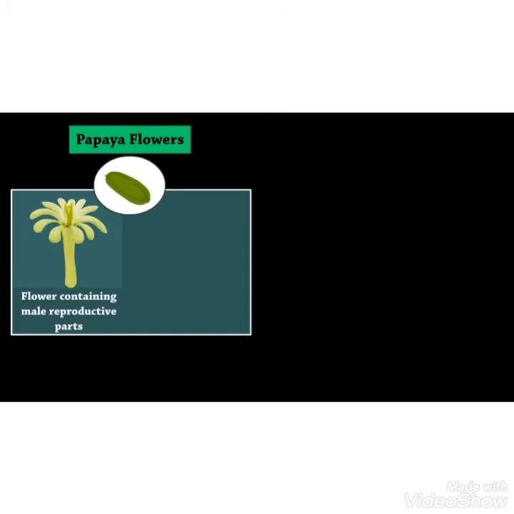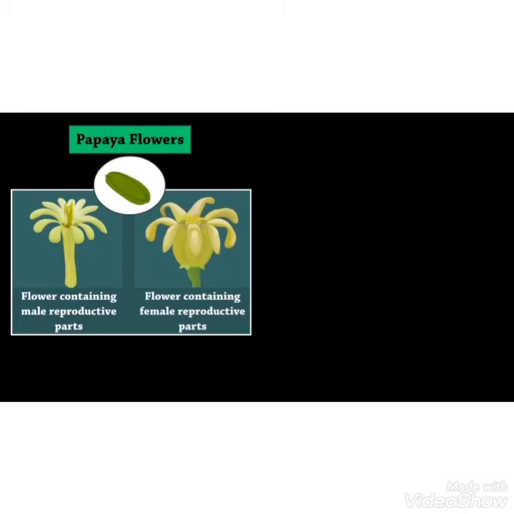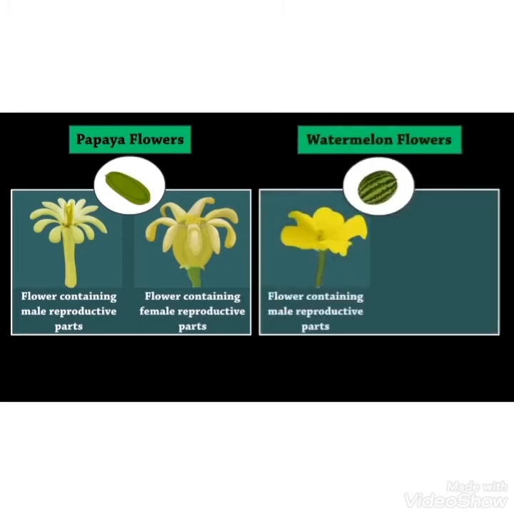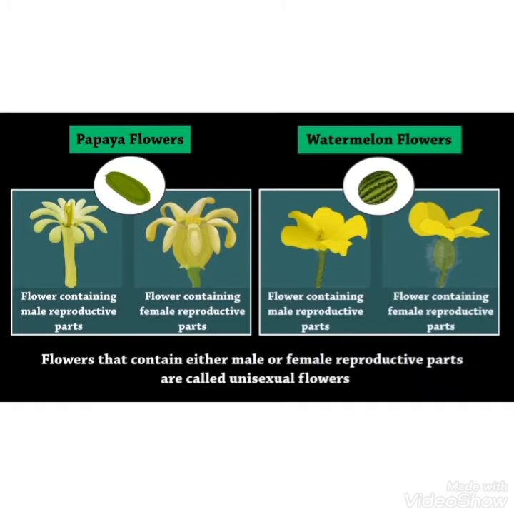Papaya flowers: the flower containing the male reproductive part is separate from the flower containing the female reproductive part. Similarly, watermelon also has two different flowers with different organs. Flowers that contain either male or female reproductive parts are called unisexual flowers.